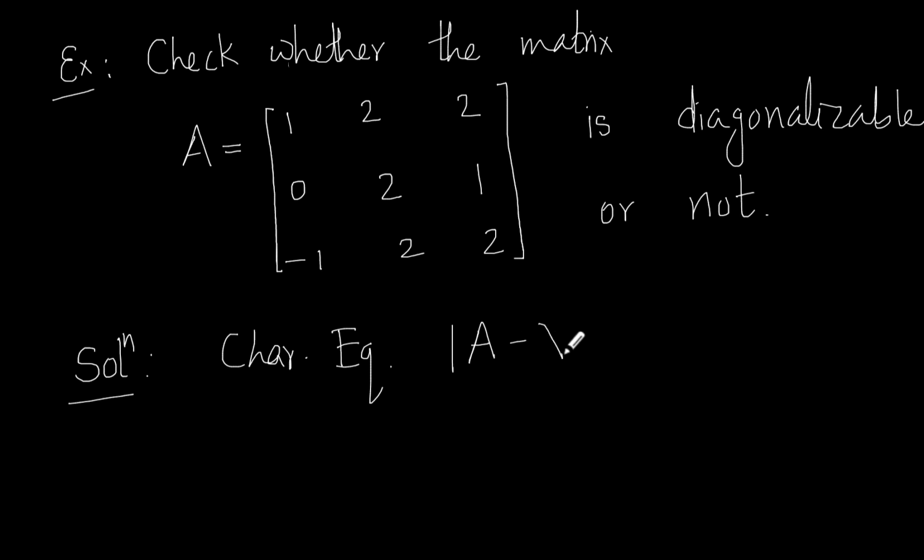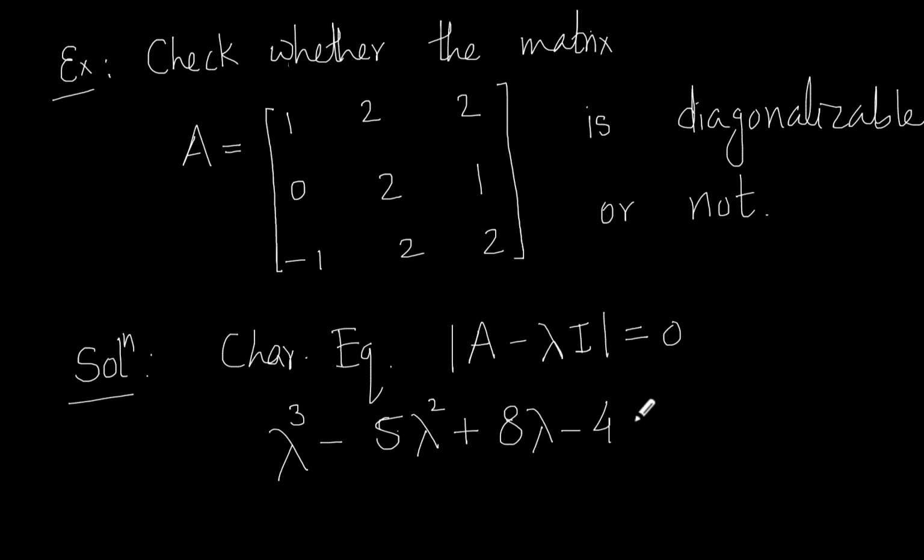This is given by determinant of A minus lambda I equal to 0. So we obtain lambda cubed minus 5 lambda squared plus 8 lambda minus 4 equal to 0. If you factorize it, you get (lambda minus 1)(lambda minus 2) squared equal to 0.